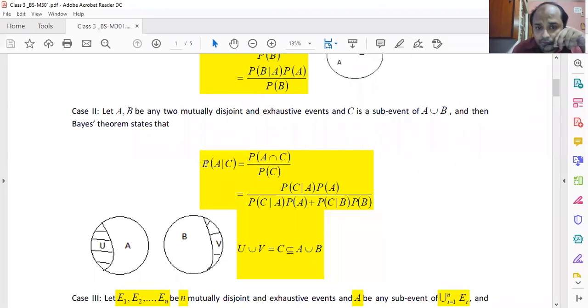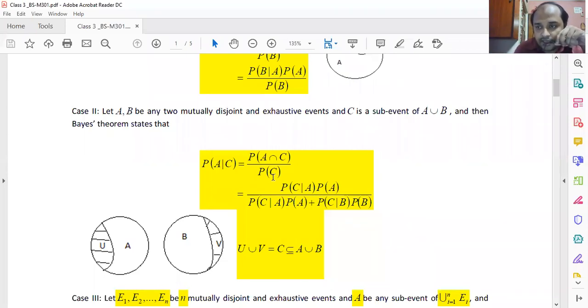If we are now supposed to find the probability of the event A, given that the event C has already happened, then by the definition of conditional probability, I can write it as probability of A intersection C divided by P(C). In the numerator, since probability of A intersection C is there, we can again break it into two halves.